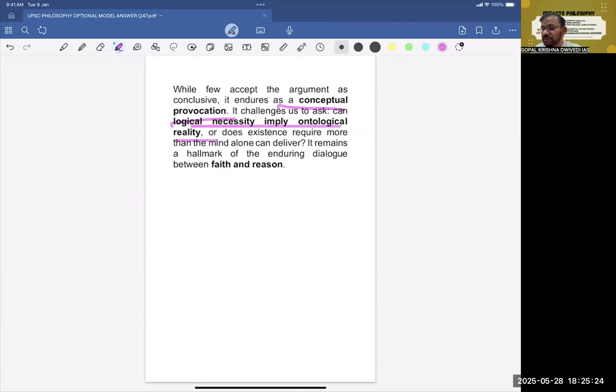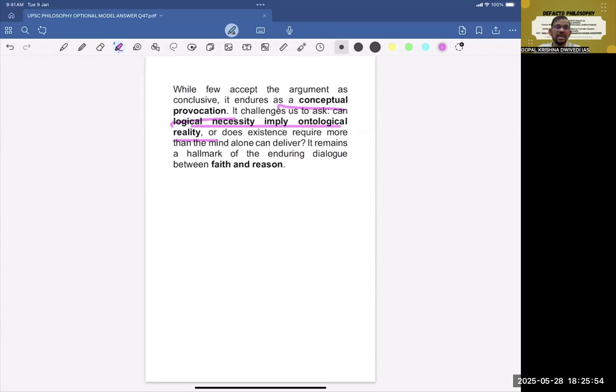Again, another thing I keep telling students: please keep a notebook or digital book of important philosophical terms, phrases, etc., and try to use them in your answer writing. Here also, a number of terms have been used which have some meaning and are quite impressive to examiners. You may not remember all, but whatever you remember, you have to use.